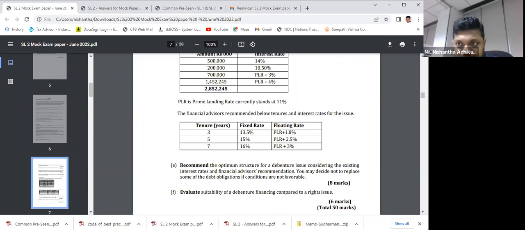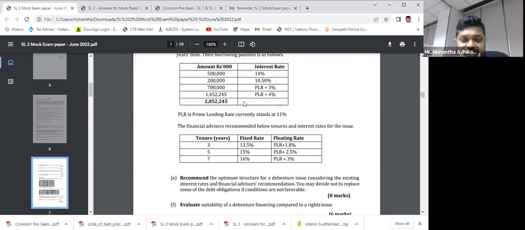Now, as an example, these are debt obligation, right? This 200 million, if you look at 10.5, or around 10.5 the borrowing cost. All these financing options, shall we calculate the value here also? Okay, this one PLR plus 1.8 mean it should be how much? 12.8%.